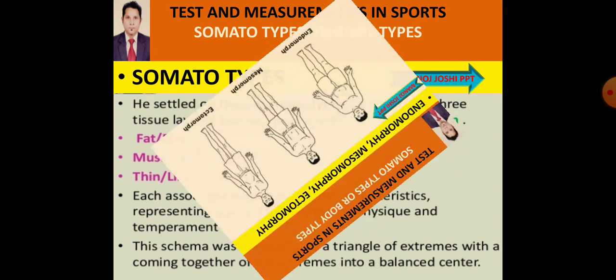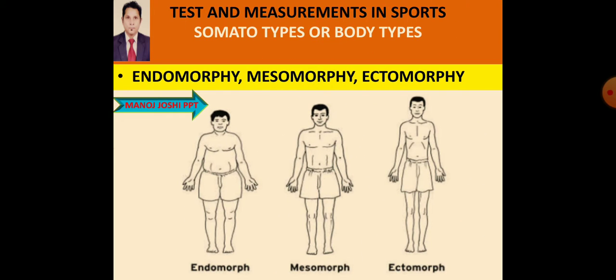So these three body types are endomorphy, mesomorphy and ectomorphy. These three somatotypes are there. We can see them in the body types also. Different body types of people are there: endomorph, mesomorph and ectomorph. As you can see in the picture, endomorph people are shorter in height and have fat over the body.